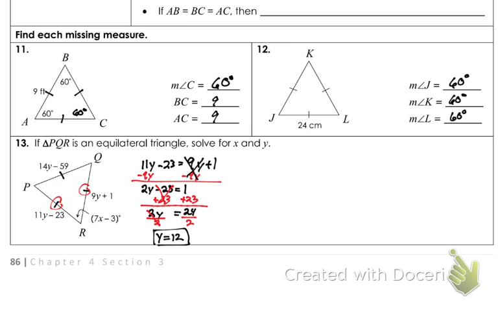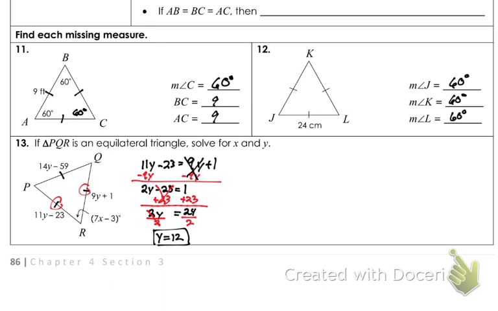Now, the problem does not tell you what any of these angles equal on the surface, but it did tell you because it said it's an equilateral triangle. What's every measure of every equilateral triangle that's ever existed? 60 degrees. So that means this angle must be 60 degrees.